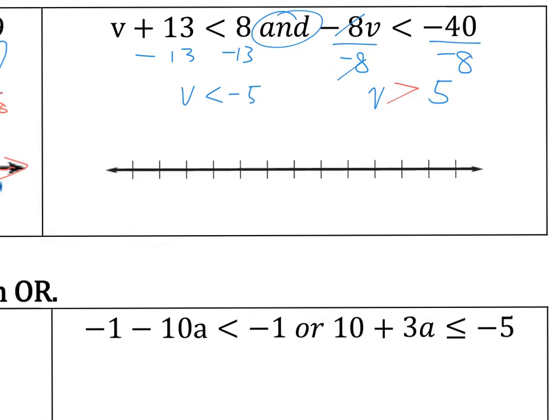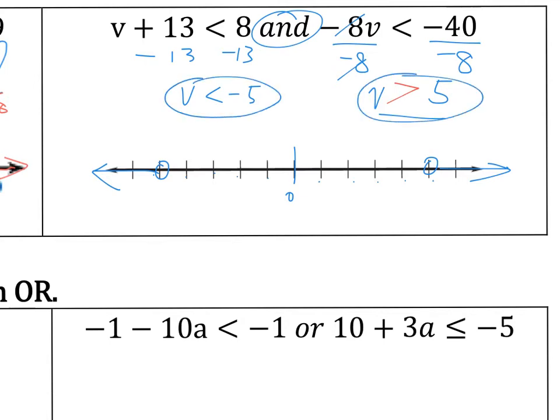So if we graph this, let's see. This is 0 and negative 1, negative 2, negative 3, negative 4, negative 5. Okay, everything to the left. For this one will be 1, 2, 3, 4, 5. Everything to the right. As you can see, there's no overlapping between this solution and this solution.